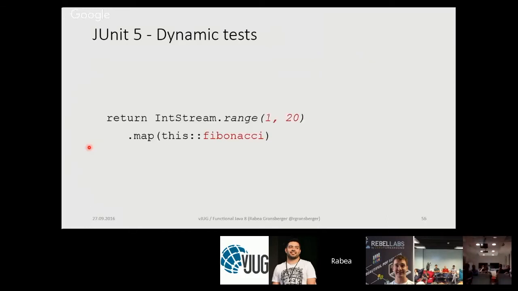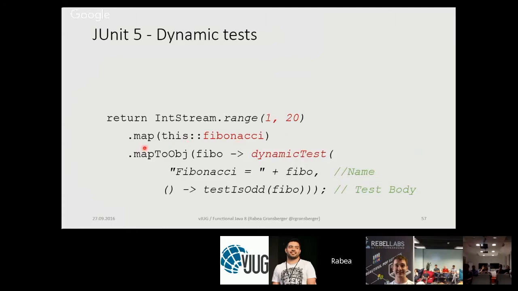And what we can do with JUnit 5 is create a range of our input values from 1 to 20. Then we map this to a calculation of the Fibonacci number. And then we can further map this to a dynamic test case where we can pass in our name for the test case, and then we pass in the method body as a lambda as well.